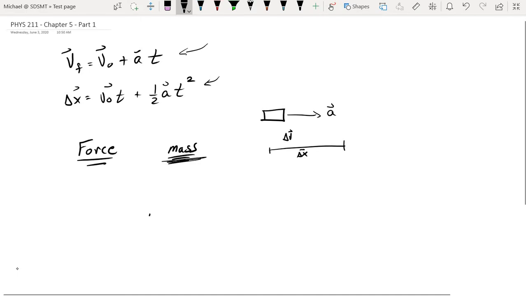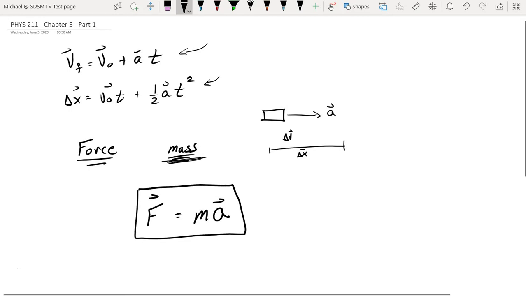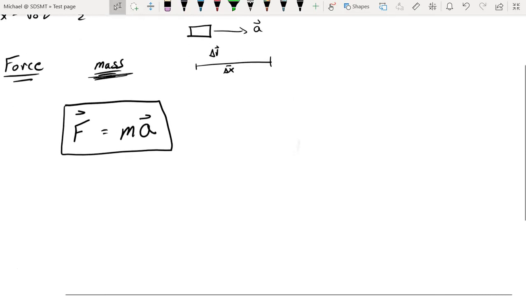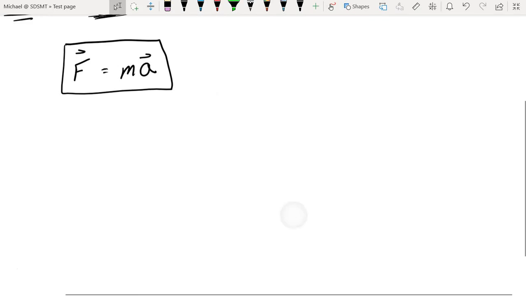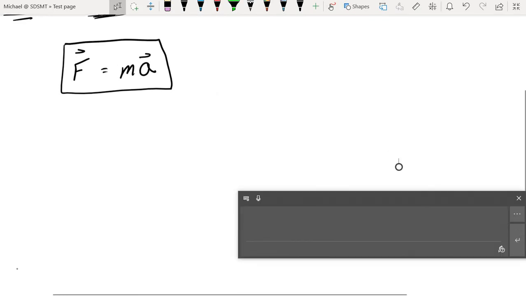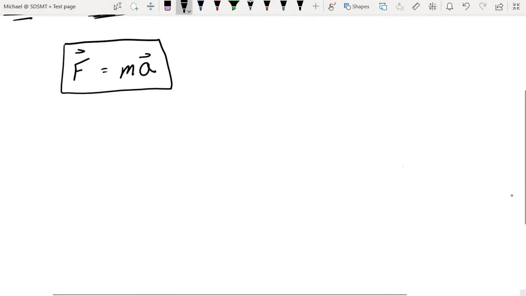And whenever we apply a force to a mass, that mass will begin to accelerate. And so we have the probably most famous and most basic of all the physics equations that are out there, F equals ma.